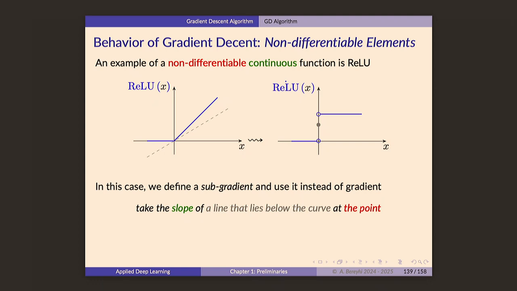So in the definition, any line that is touching your function at that particular point and is lying below your function, you can take the gradient of that line and put it as the gradient for your function. Yeah? So even though your function does not have a gradient, you can compute something, which we call the subgradient. Okay?